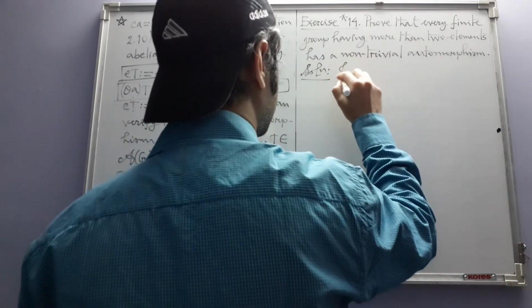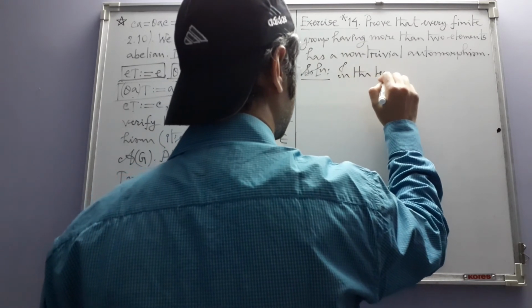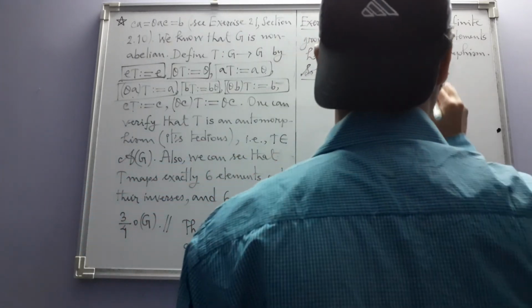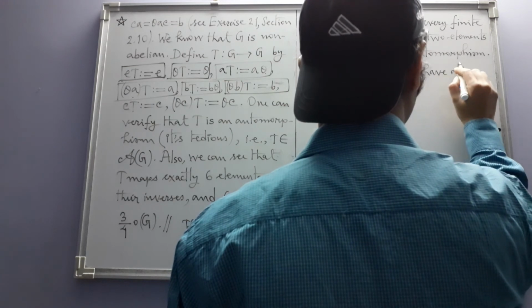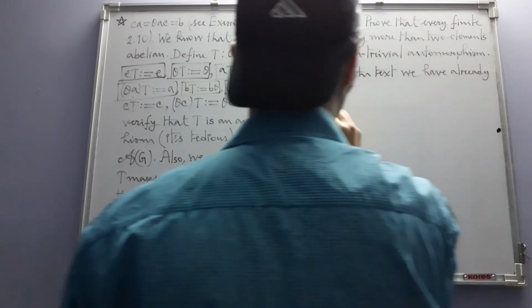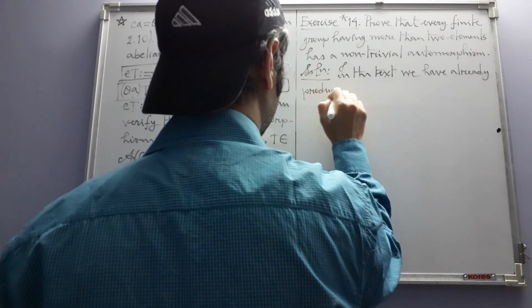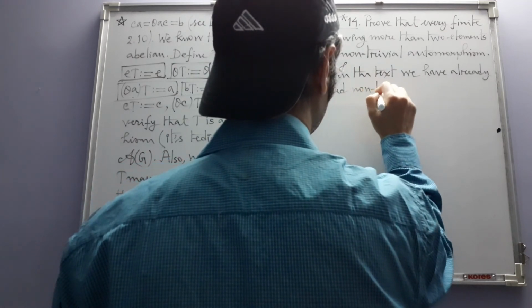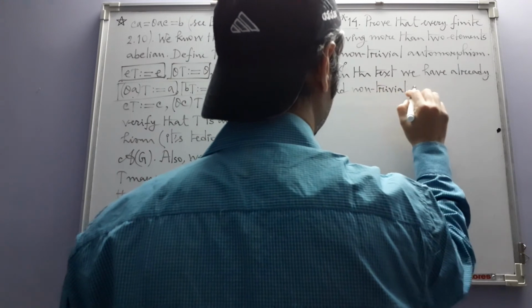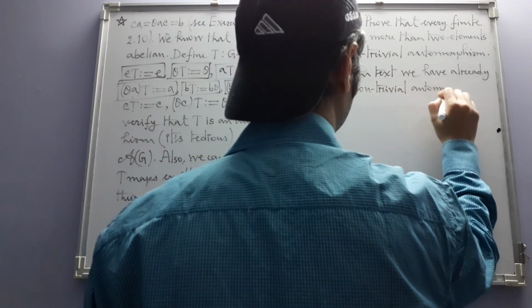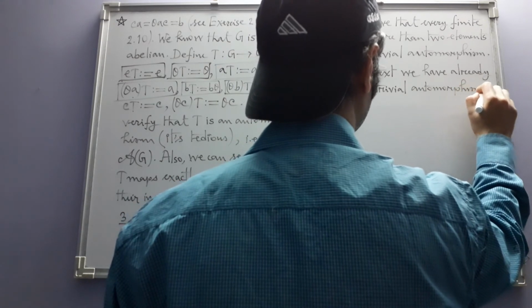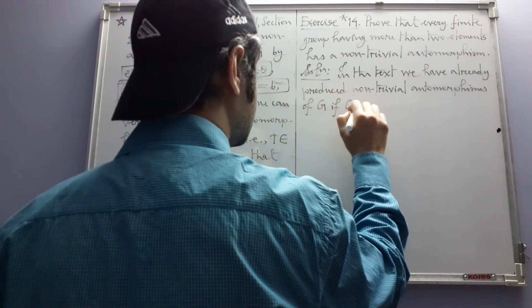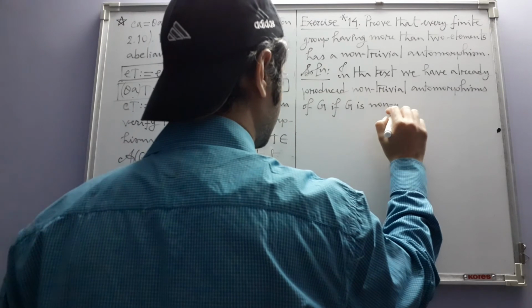In the text, we have already produced non-trivial automorphisms of a group G if G is non-abelian.